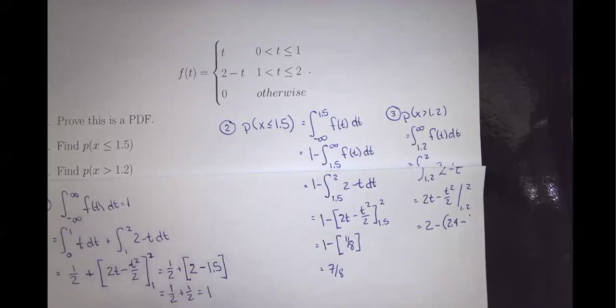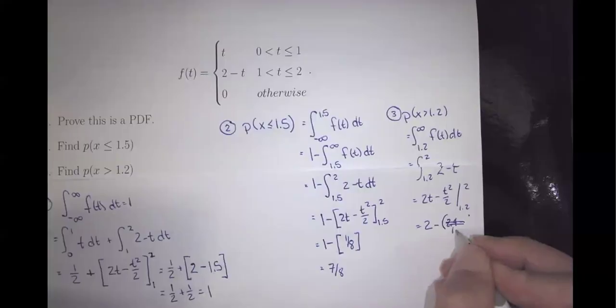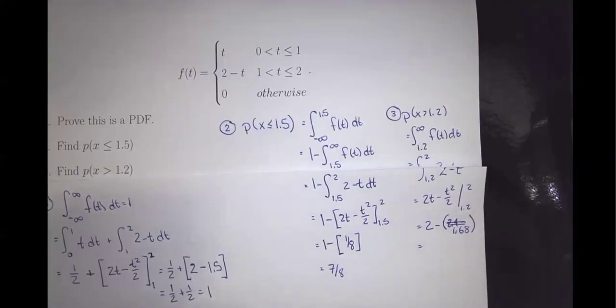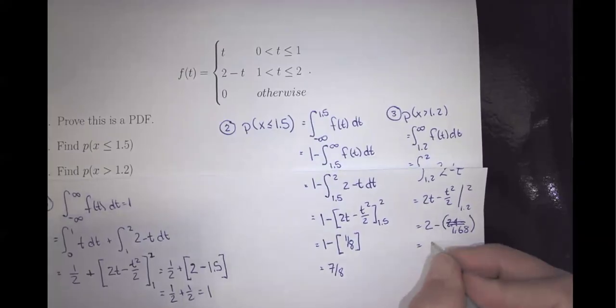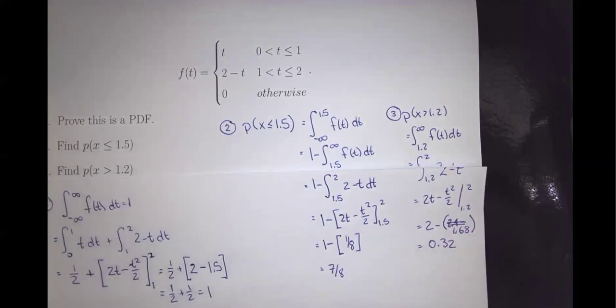So we get 2 times 1.2 minus 1.2 squared divided by 2. So that's 1.68. So this is 1.68 in here. And 2 minus 1.68 is 0.32. So there we go.